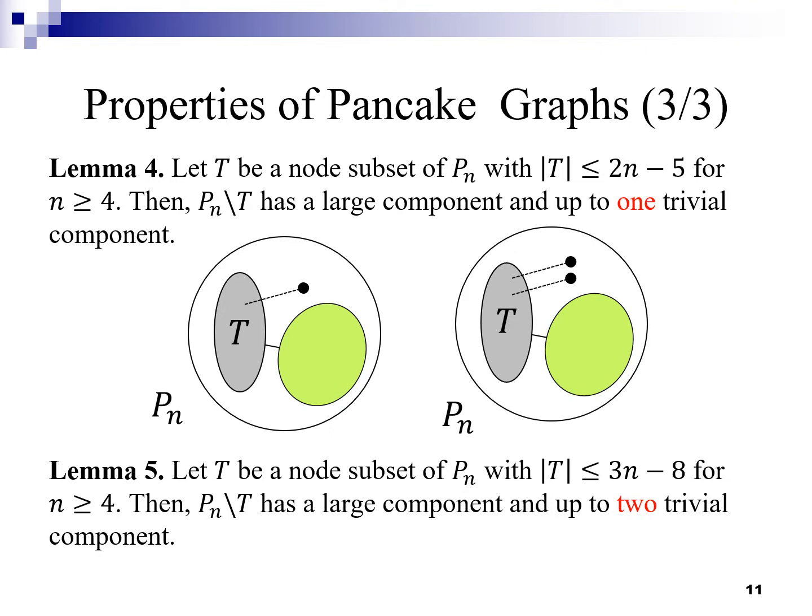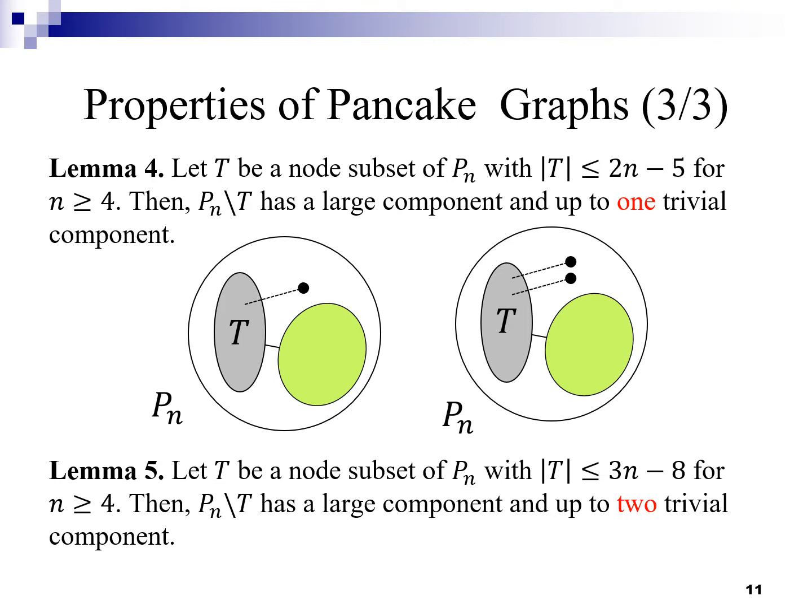Then P_n minus T has a large component and up to one trivial component. The large component is depicted by the green color here.